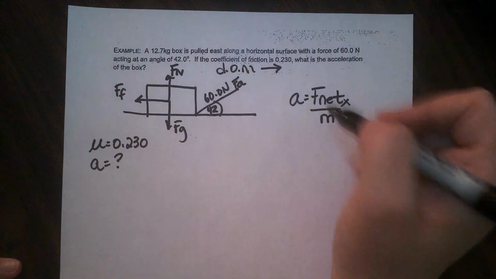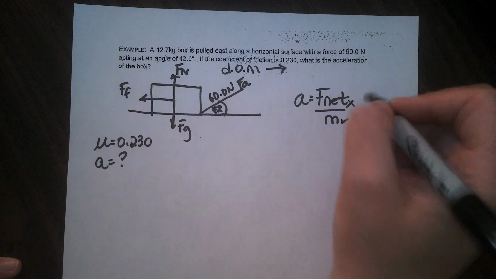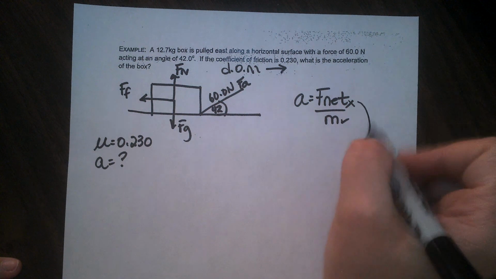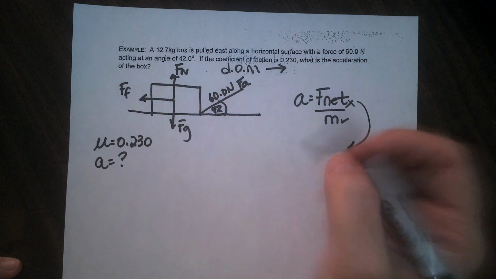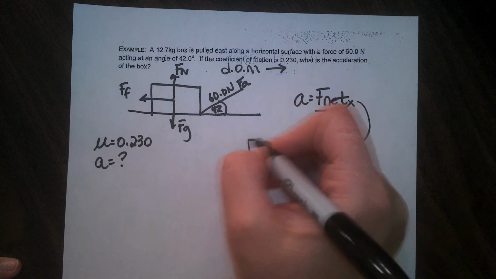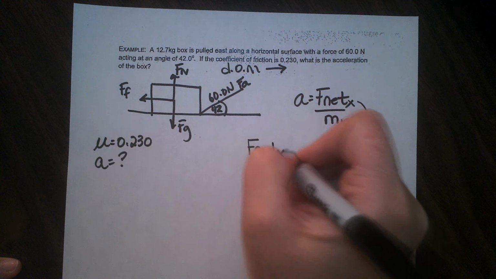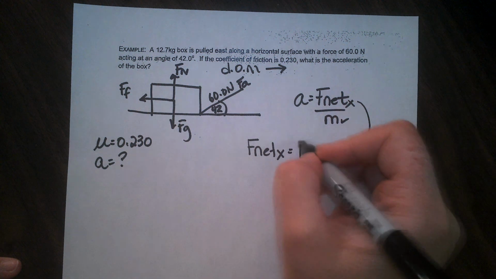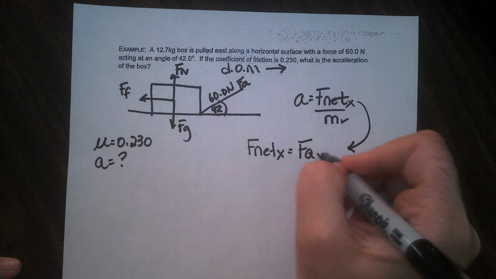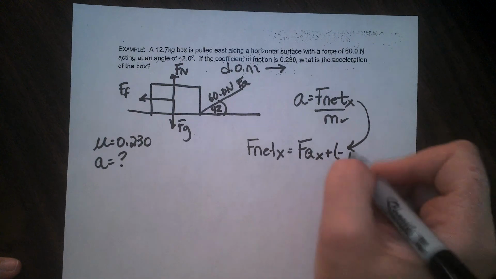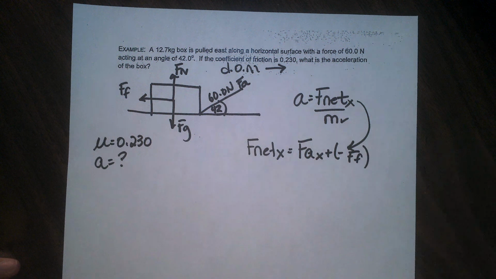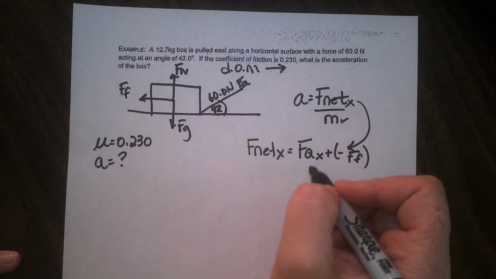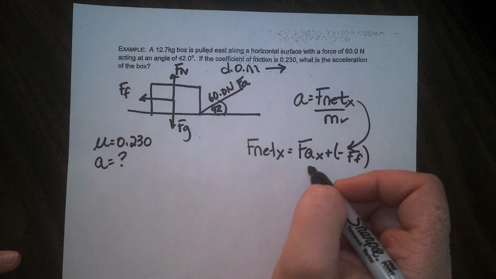All right. So acceleration, we have mass, we don't have force net. How are we going to solve force net? Force applied in the horizontal plus the negative force of friction. Okay. So do we have FAX? Nope.